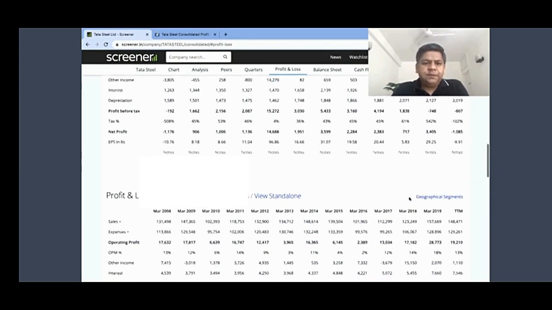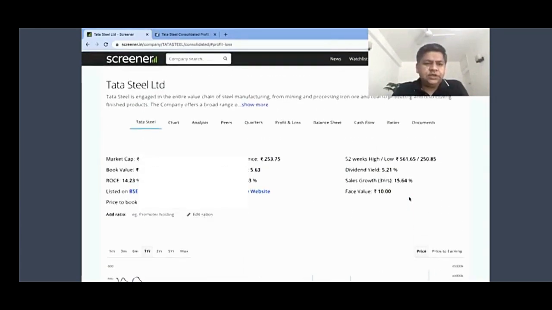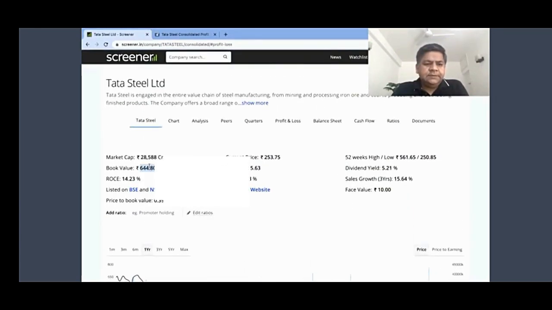For example, now I'll stick to screener.in. What you can see is that the book value of the company is 644 rupees, and the current market price is 253 rupees.